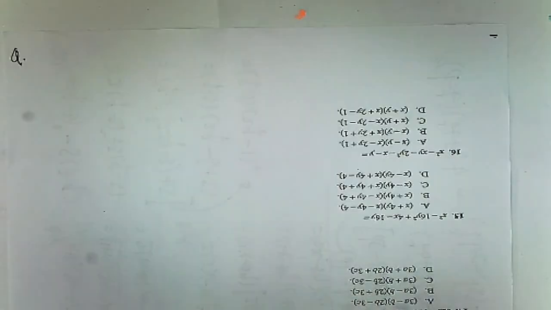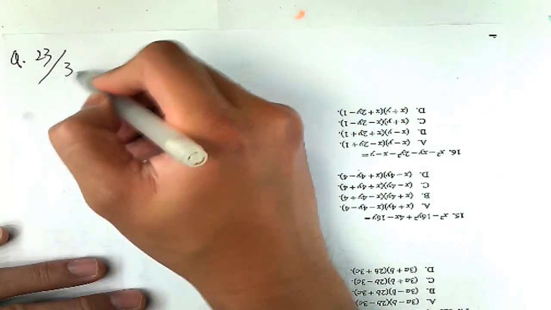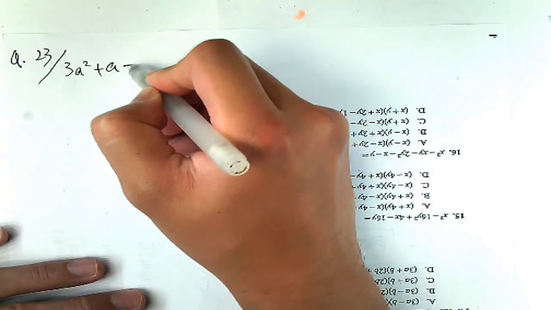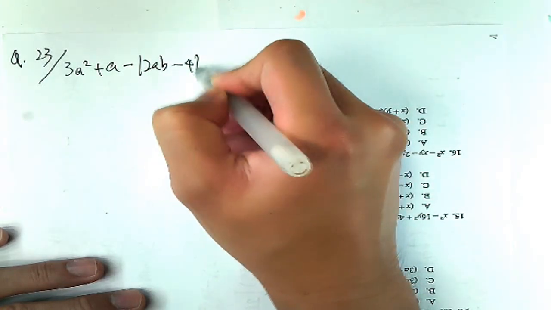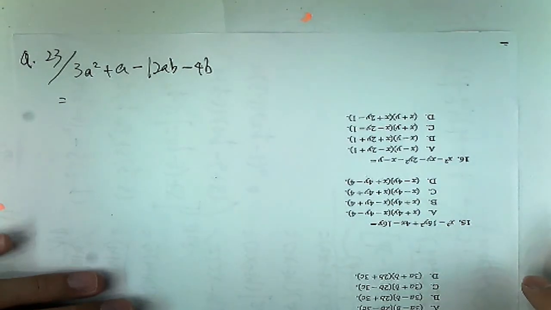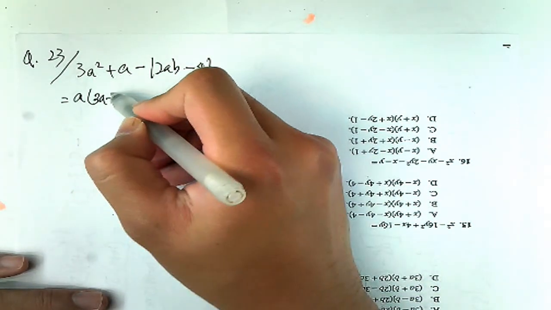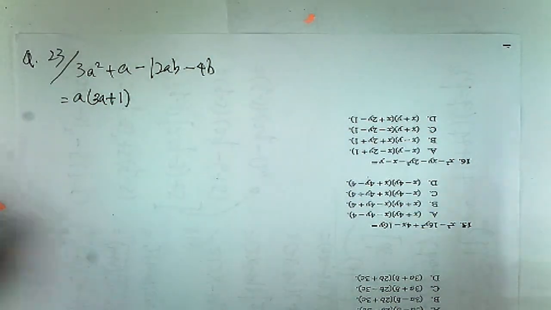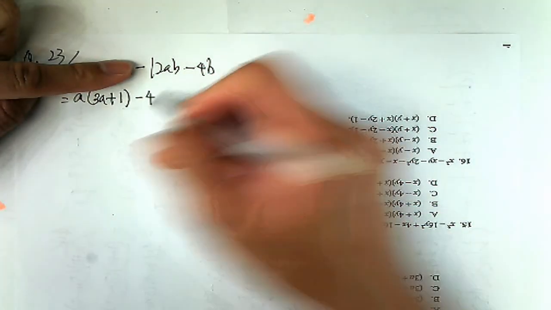So go to, I will do 22 to 29. Understand? Do some of them, half of them. 23. Okay. 3a squared plus a minus 12ab minus 4b. So 4 terms, right? You group the first 2 terms, you can pull out a. Okay. 3a plus 1. So for the next 2 terms, you see they're all negative, right? So we can pull out minus 4.